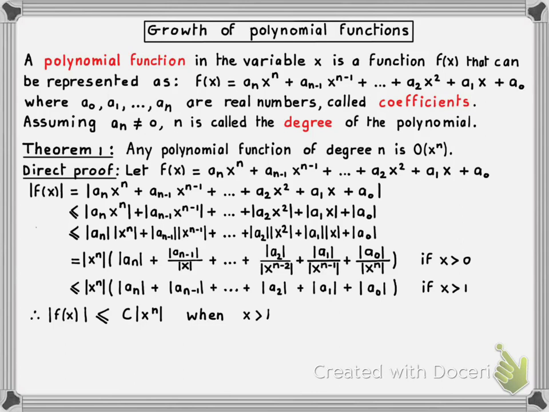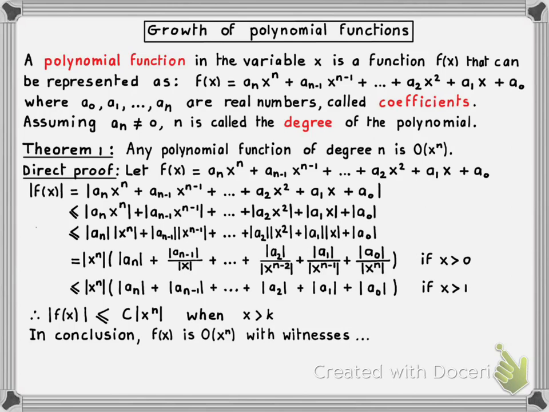In particular, we proved then that f of x is big O of x to the power n with particular values of c and k, or witnesses, equal to what? Well, k is simply equal to 1, and c is equal to the sum of the absolute values of all the coefficients in the polynomial function.